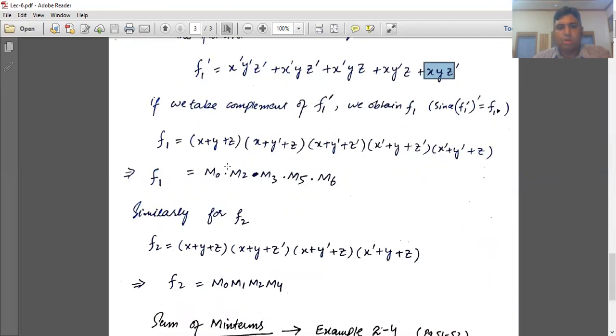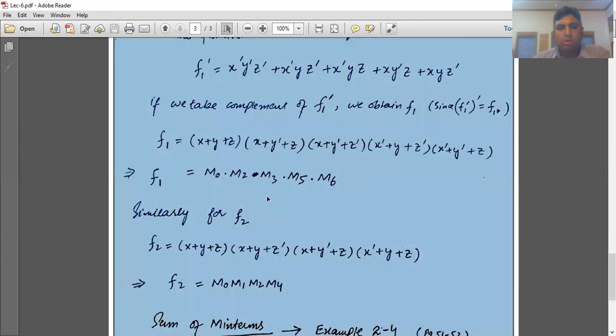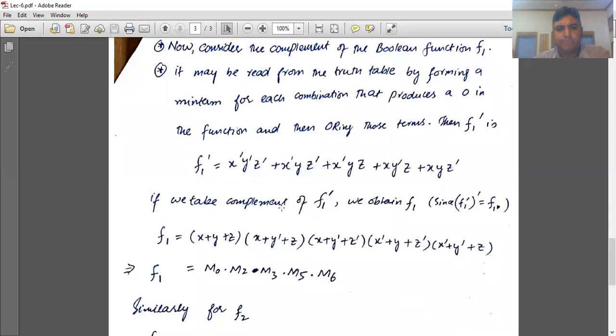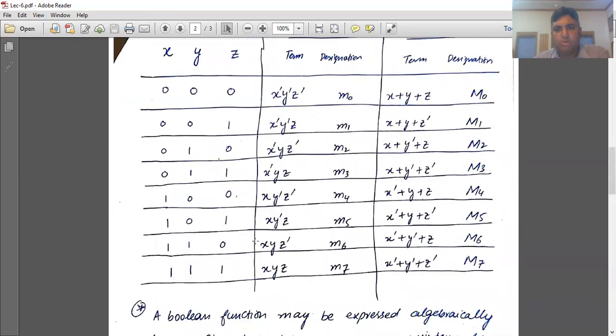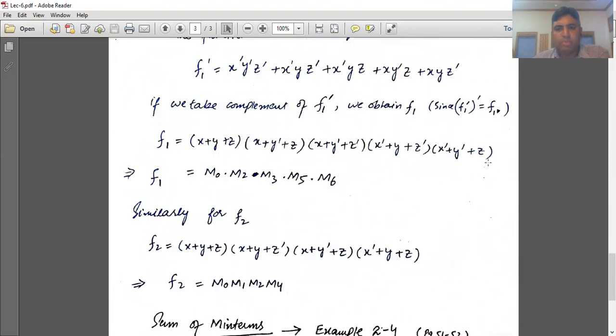Then we can write these as maxterms. Going back to this table, what is x plus y plus z? From this table, it is M naught, so we can write M naught here. Then this term is equal to capital M2, so we can write M2 here.